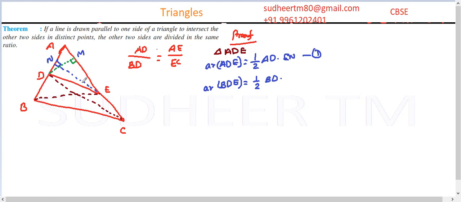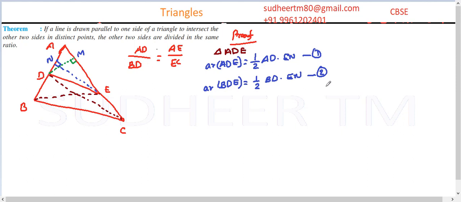The perpendicular height for BD is the one we drew here, EN. Even though it's not touching BD, we can extend it towards A, so EN is the perpendicular height of triangle BDE. So half BD into EN is the area of the second triangle, the left bottom triangle BDE.